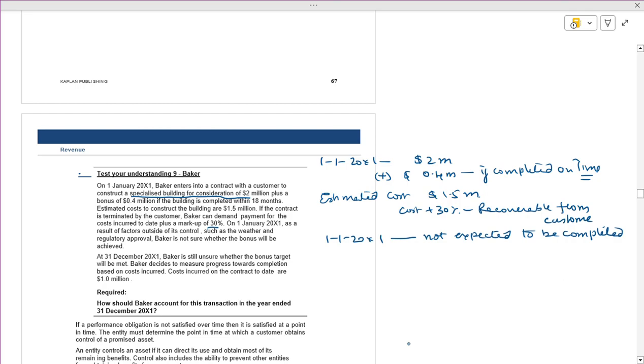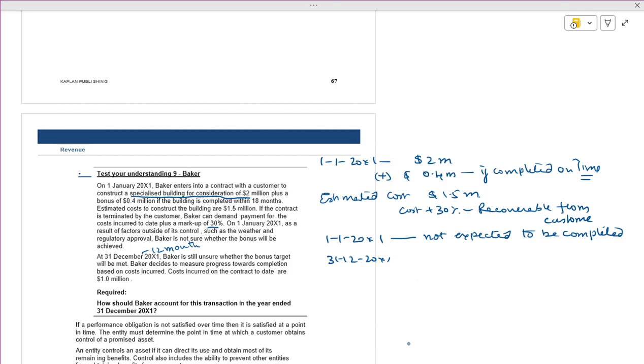On 31st December 2001, only 12 months are gone, and Baker is still unsure whether the bonus target will be met. Baker decides to measure progress towards completion.